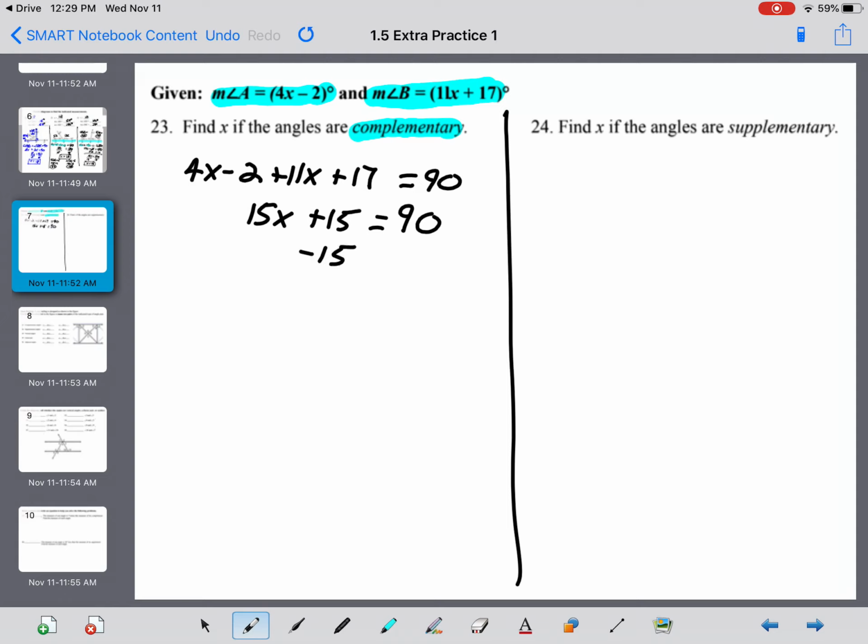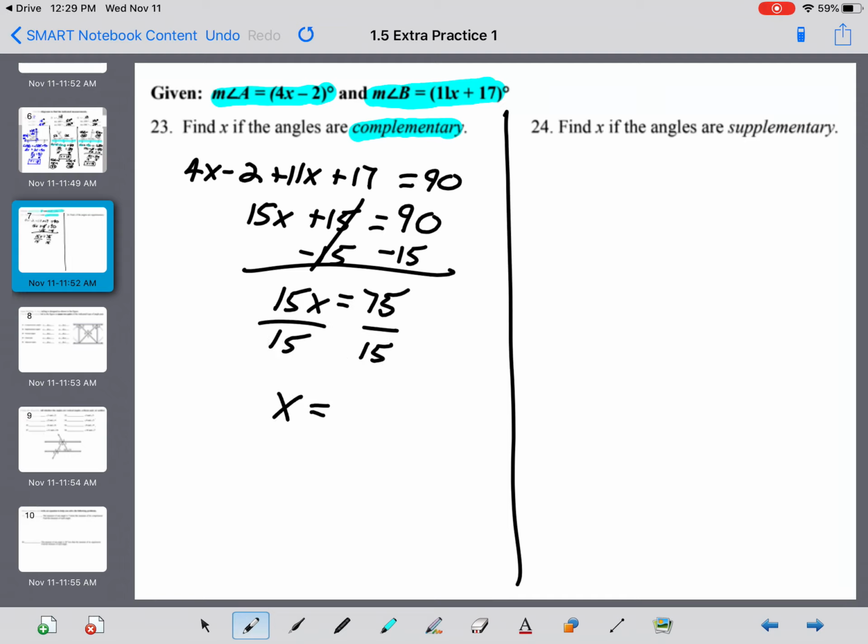Normal two-step equation, we're going to subtract 15 from both sides, and we get 15x equals 90 minus 15 makes 75. I'm going to divide both sides by 15, and x equals 75 divided by 15 is 5. Now, they didn't ask us to solve for the individual angles. All they asked us to do is find x, and we did.